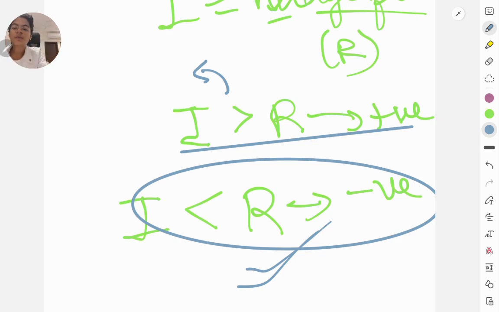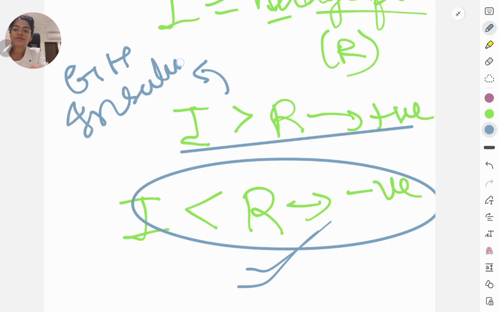So positive should be in the case of growth hormone and insulin, and here it's a corticosteroid.